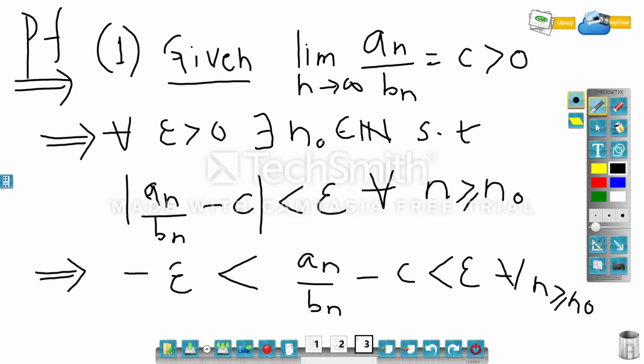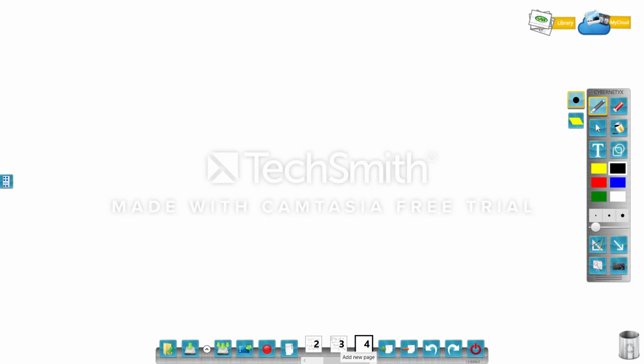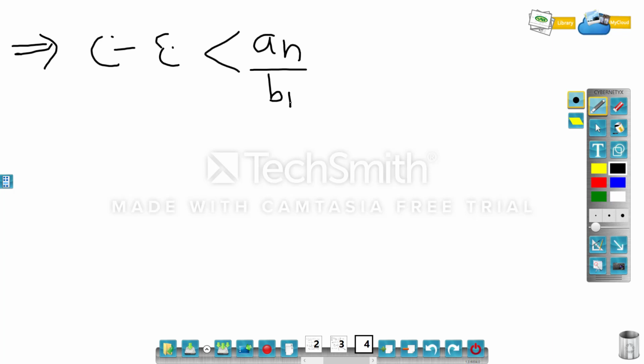If I add c on both sides, then I will get c minus epsilon is less than an upon bn is less than c plus epsilon.